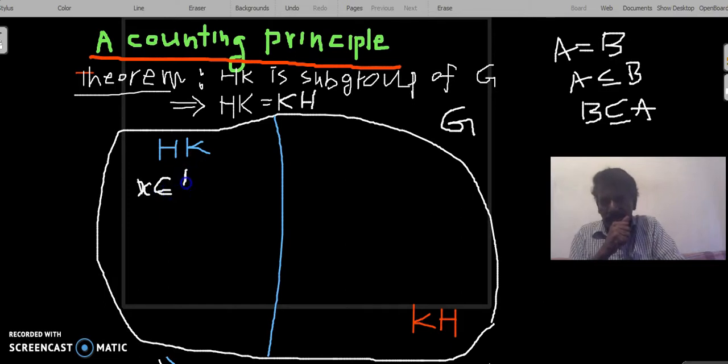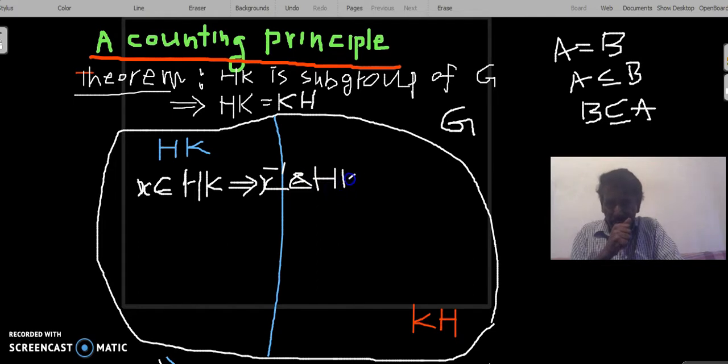Where one element is from H and another element is from K. If x belongs to HK, definitely x inverse also belongs to HK, because HK is a subgroup of G. Now this implies x inverse would be of the form one element from H and another element from K, in that order.